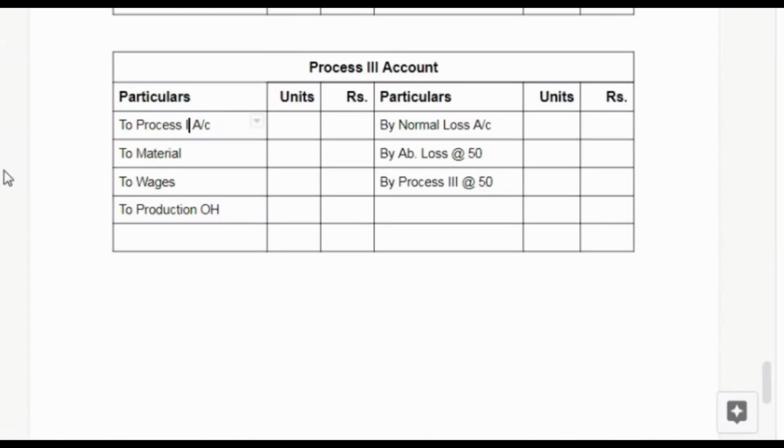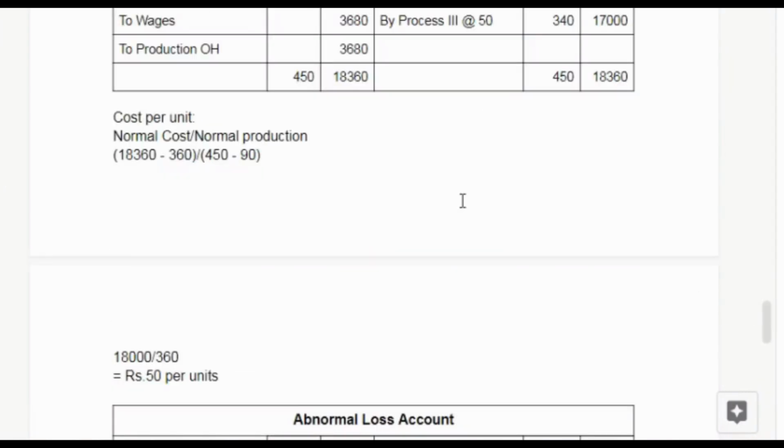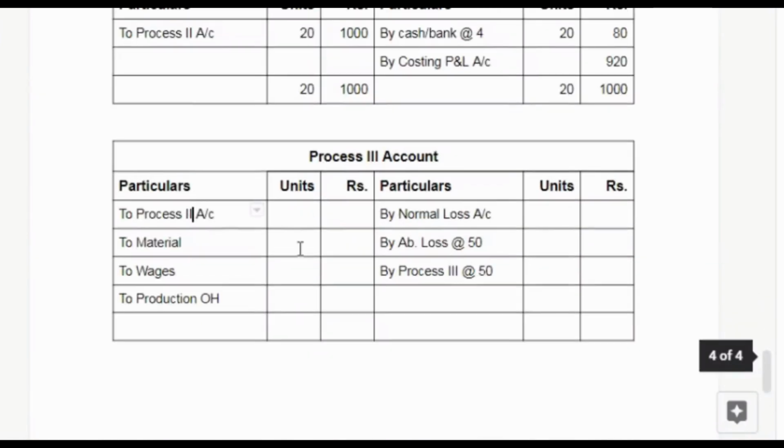First we will bring the goods from Process 2. Clear? So the goods transferred are 340 units at rupees 17,000. We will transfer 340 units here at 50 rupees each, that is 17,000. 17,000 rupees is done here. The Process 3 account is clear.